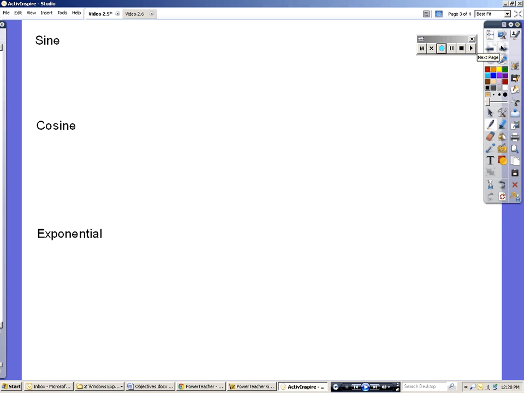Now the next three will go by very quickly. Sine, cosine, exponential. The integral of cosine x dx is sine x, because remember the derivative of sine is cosine.